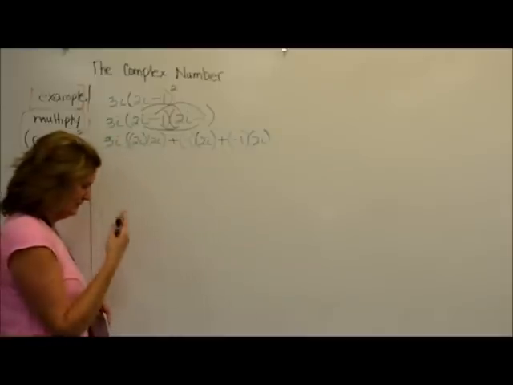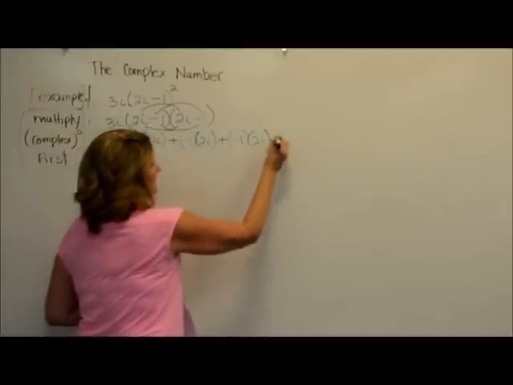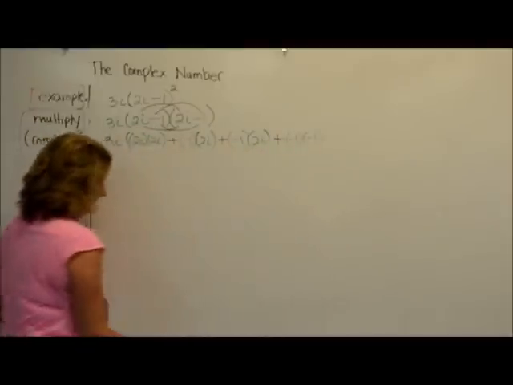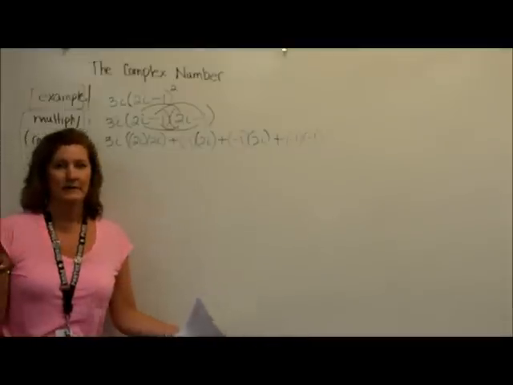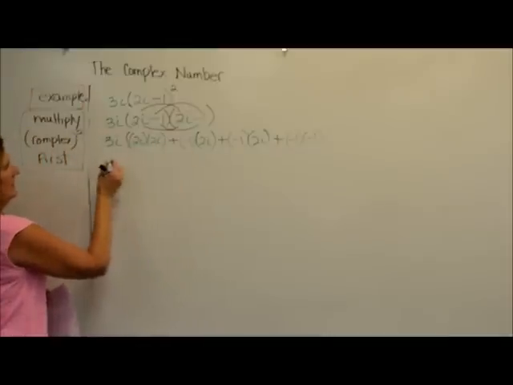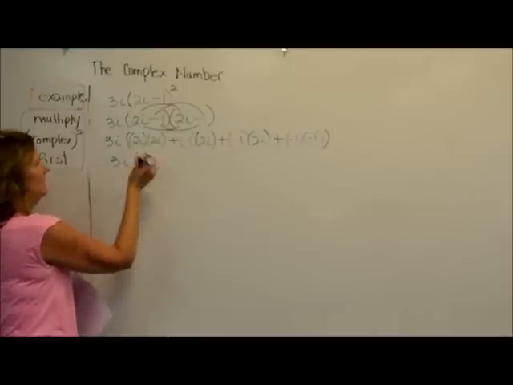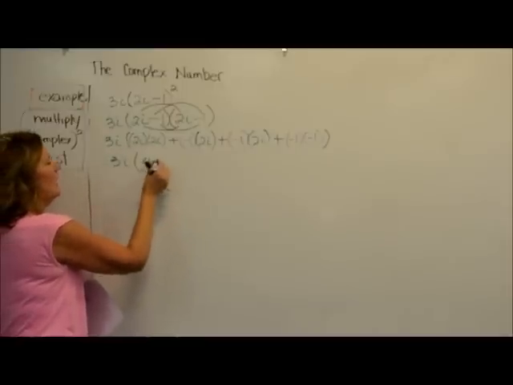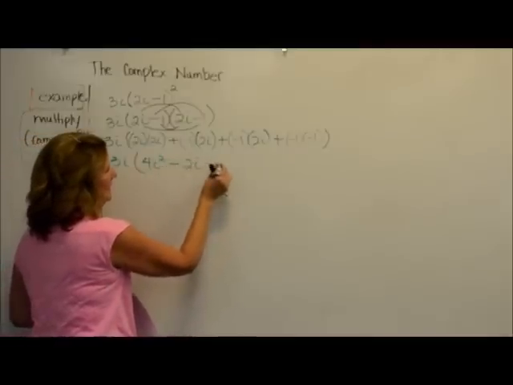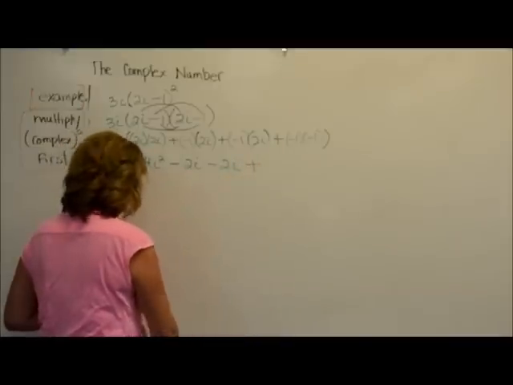I just distribute, but I know it's last. Is going to be plus negative 1 times negative 1. Okay. So I distributed everything, or I did FOIL, and now I'm just going to simplify this stuff. I forgot a parenthesis. So I have 3i times 4i squared minus 2i minus 2i plus 1.